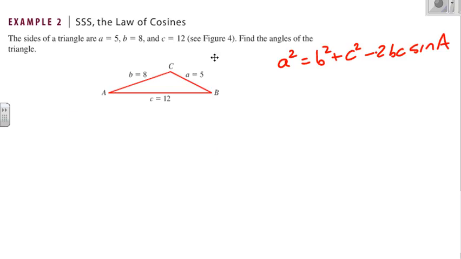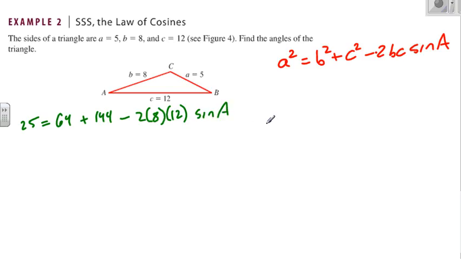So a squared, 5 squared, I'll write out what they are, 25 equals 64 plus 144 minus 2 times 8 times 12. I'll leave that for the calculator. Times cosine of the angle. Let's go ahead and write out what it's going to be to find b as well.